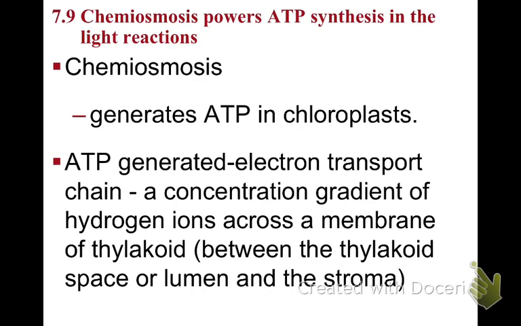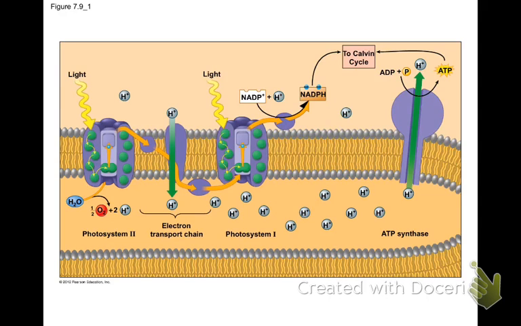The chemiosmosis, the sequence of electrons between photosystem 2 and photosystem 1. So this is the sequence of reactions as shown in the picture.